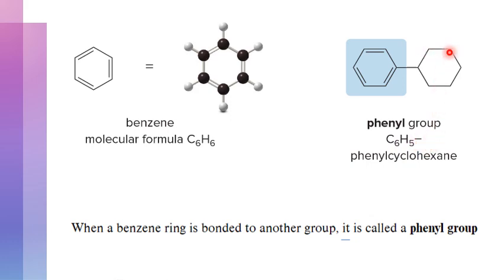Since it is a cyclic compound with 6 carbons: 1, 2, 3, 4, 5, 6, it is called phenylcyclohexane. That is the aromatic compound. We are going to discuss this one later, and concentrate on the other classification I have shown you in the previous slide.